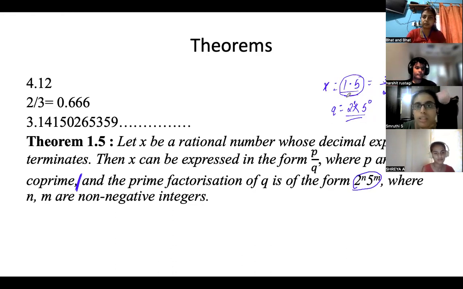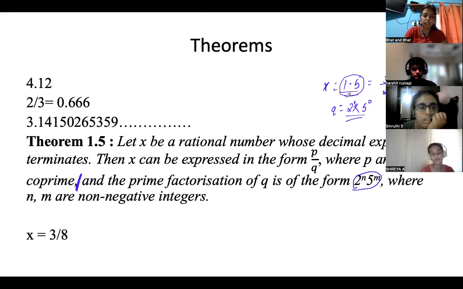So any fraction which is given to you, if you get a decimal expansion of it which is a terminating decimal, then we can call it a rational number.